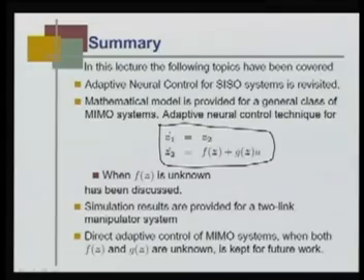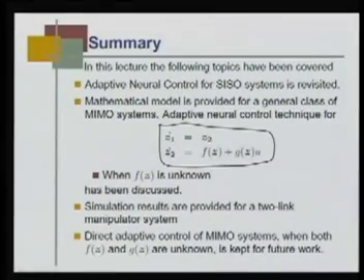When Fz is unknown, the solution to this control problem is already provided, but the control law includes an inversion which must be replaced by a recursive solution. Simulation results are provided for a two-link manipulator system, where we saw the tracking error is in the range of 10 to the power minus 4, implying the tracking is very perfect.